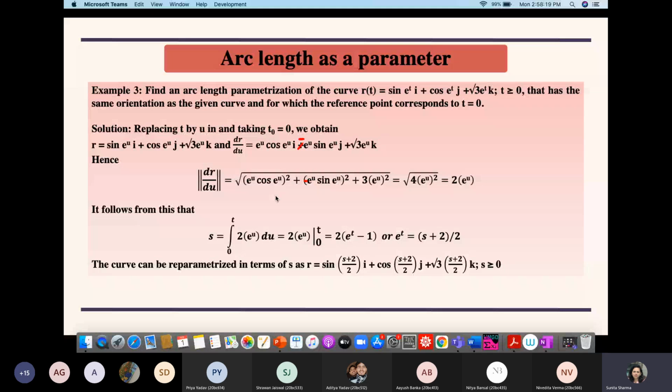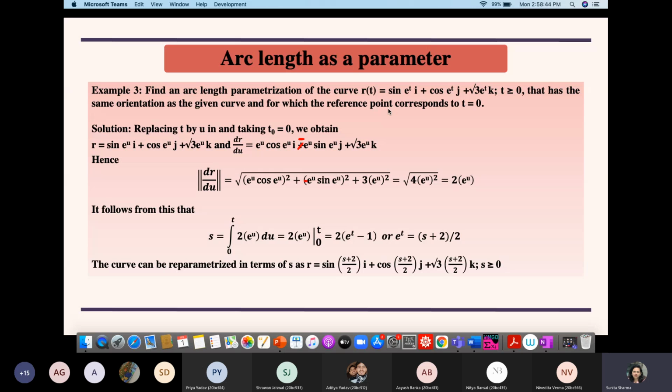If the relation is given, or if some calculation is to be done, we can do that and then replace t in terms of any other parameter. That parameter could be the arc length, or it could be anything else. So in general, how do you change the parameter from t to something else? You would find one or two questions based on that.